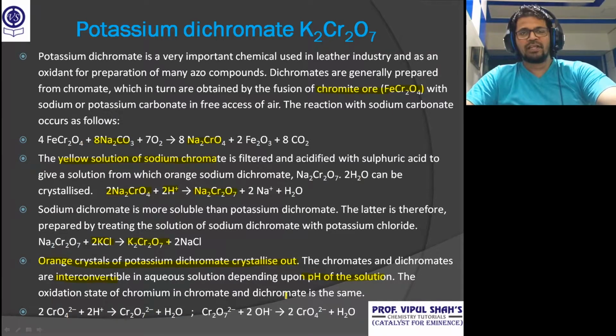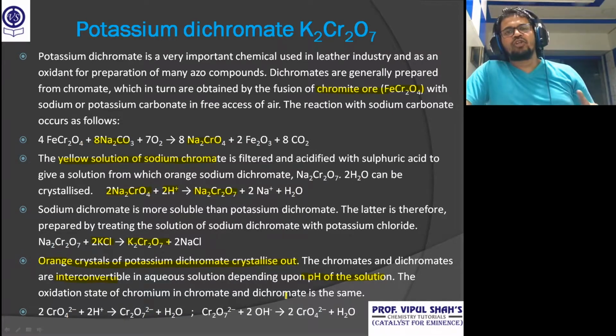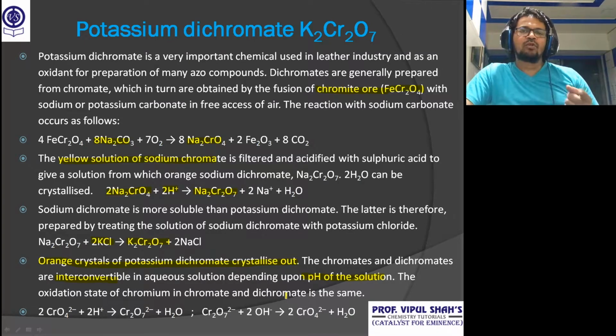I repeat, listen carefully. Depending on the pH, you can convert the chromate, CrO4 2-, to dichromate, Cr2O7 2-. So in an acidic medium, see the slide please, chromate is converted into dichromate, whereas in an alkaline medium, the dichromate is converted into chromate. Okay, that's one.